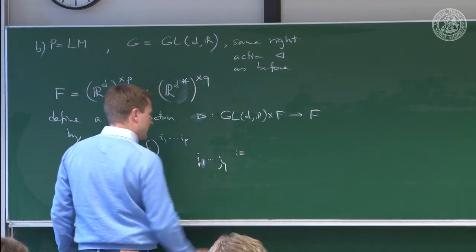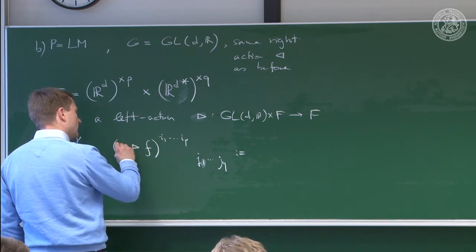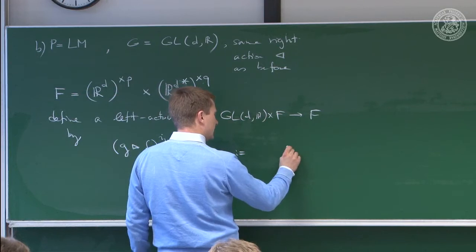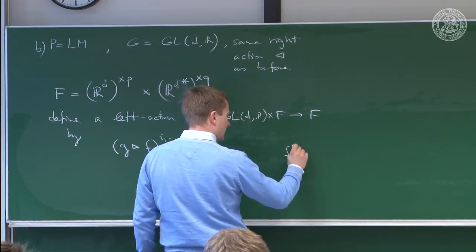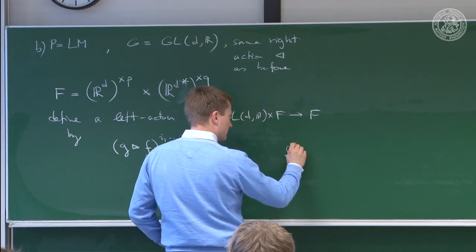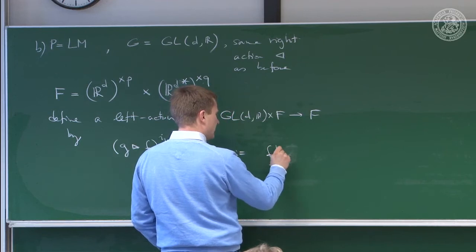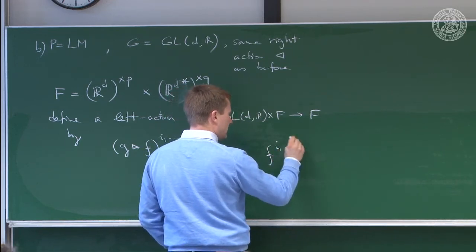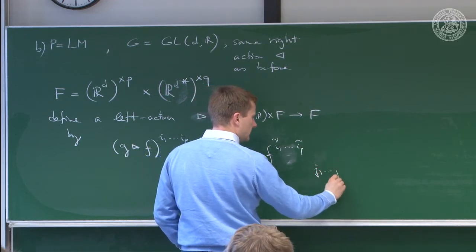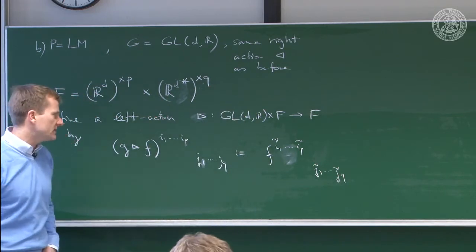And we define this as the f with I1 to IP, all indices twiddled, and J1 to JQ, all the indices twiddled, so they're different indices.